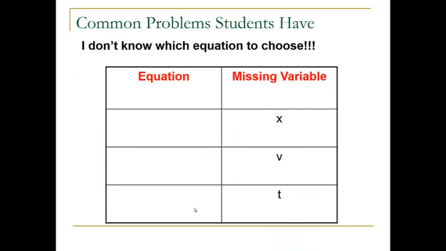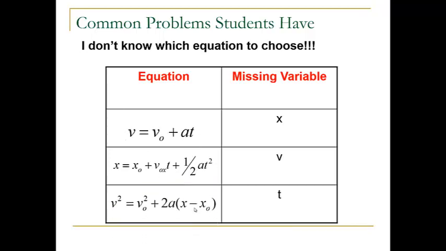Okay, so one of the problems that you have is not knowing which equation to use. Each one is missing some variable. So if you're using the first amigo, you're not worried about that distance factor. If you're using the second equation, you're not worried about the final velocity.